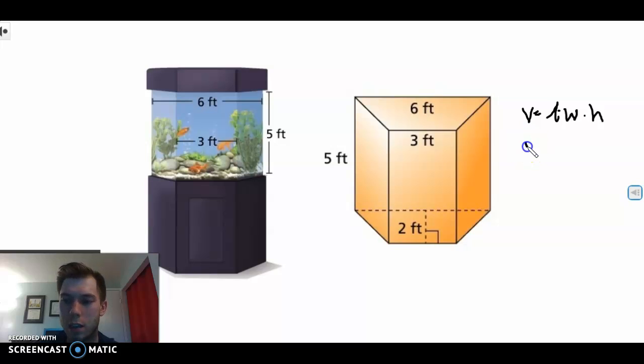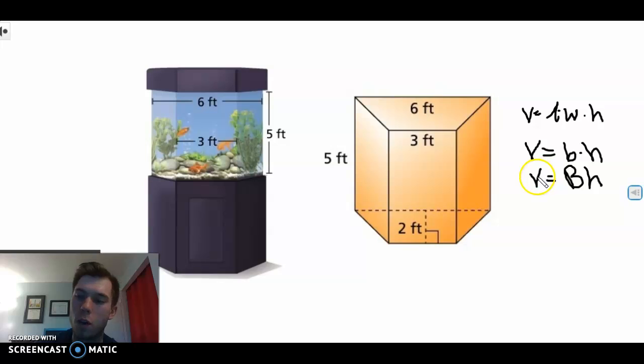So instead, your formula for all prisms is to take the area of the base and multiply by the height. Since it's the area of the base, you'll sometimes see it as big B multiplied by H, but either one will work. So volume, in all cases, is the area of the base multiplied by the height.